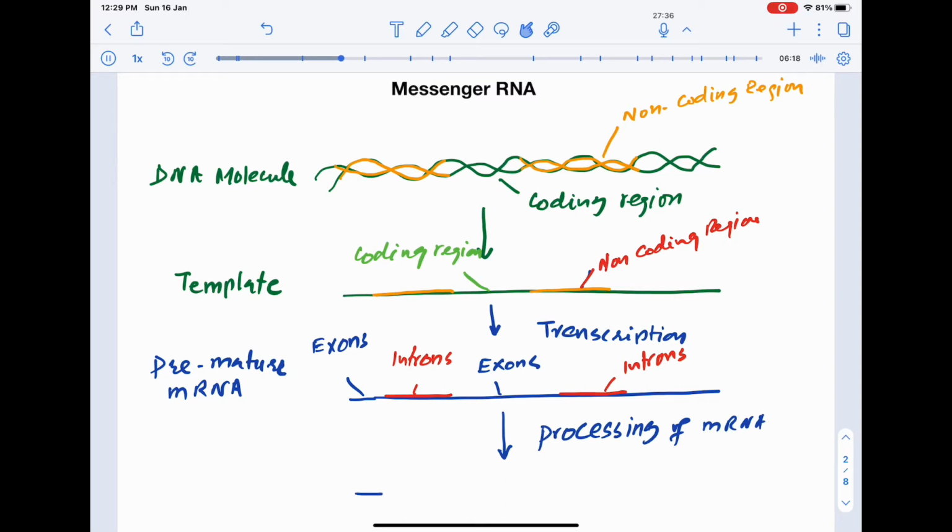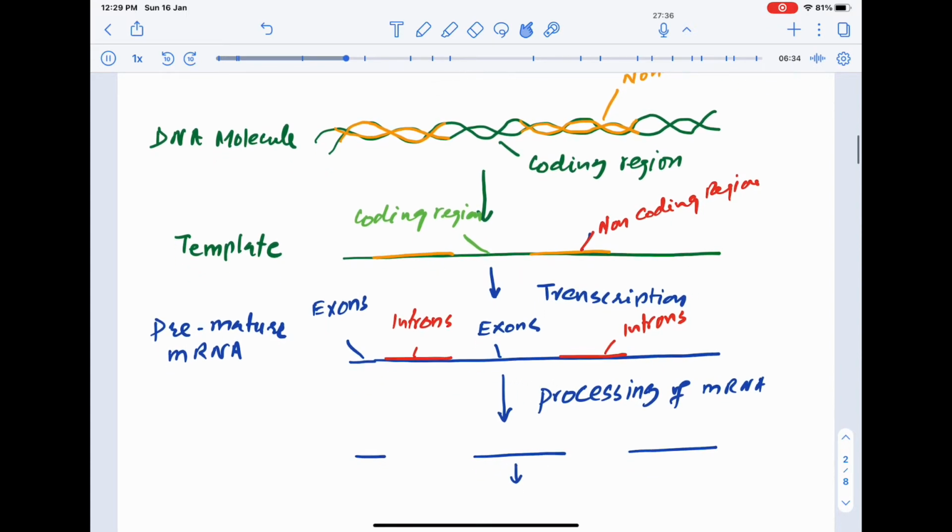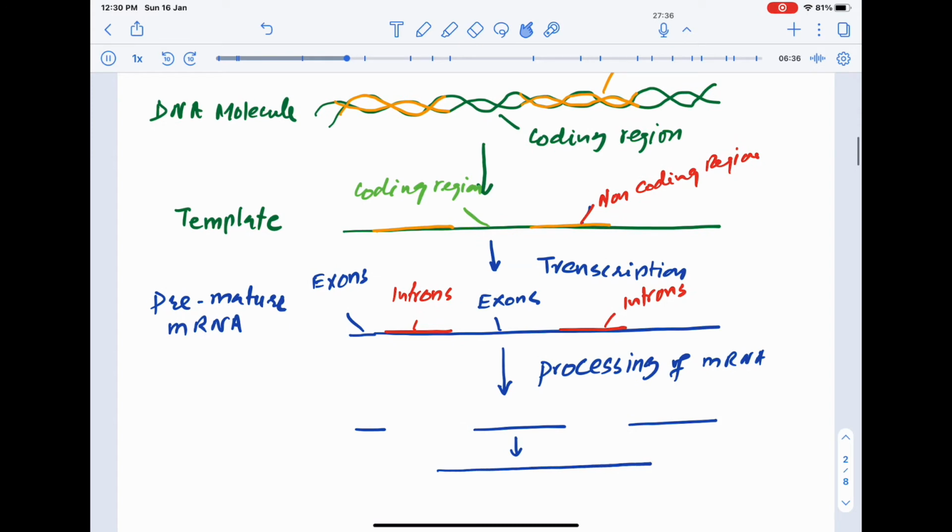So these introns are removed and these exons are joined together to make a mature mRNA.